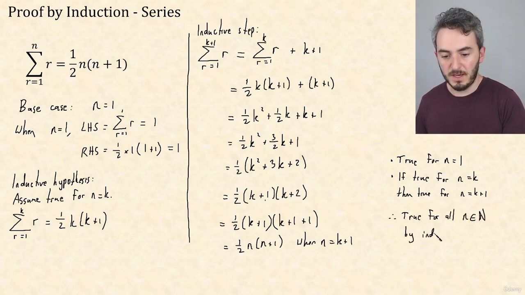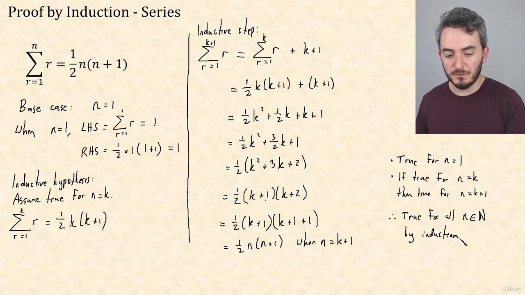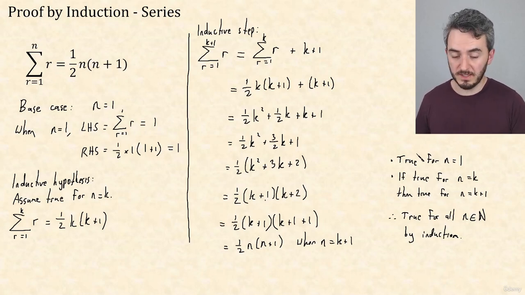Therefore, true for all natural numbers, that's n in capital N, natural numbers, by induction. So this is the form that your conclusions should always take. You always need to say it's true for n equals 1, and if it's true for n equals k, then it's true for n equals k plus 1, and therefore it's true for all natural numbers n by induction.